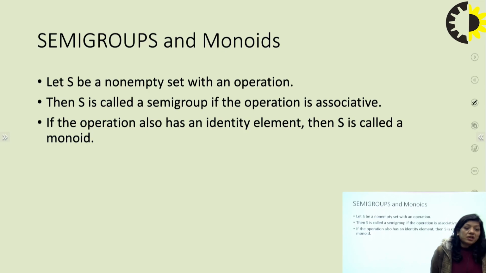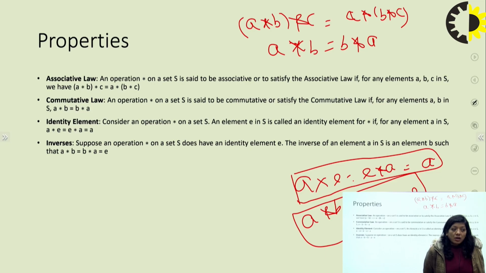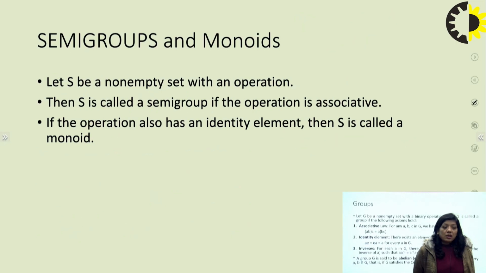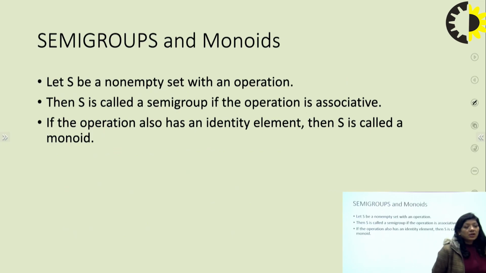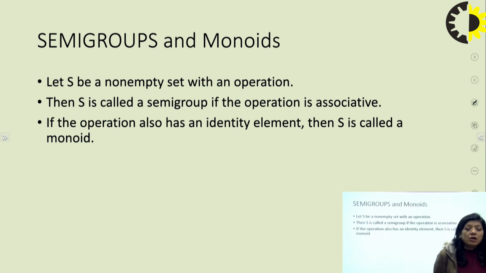If this property is satisfied, then we can say the set S is a semigroup. And if we satisfy the identity element, meaning A cross E is equal to E cross A is equal to A, then we can say the set satisfies the identity property, and the set S is a monoid.